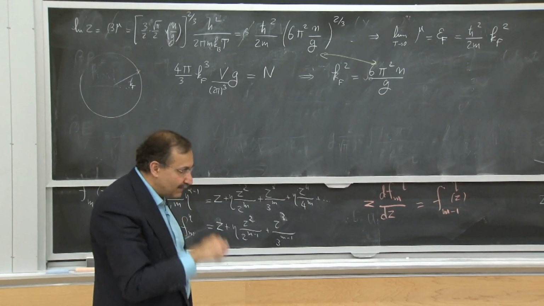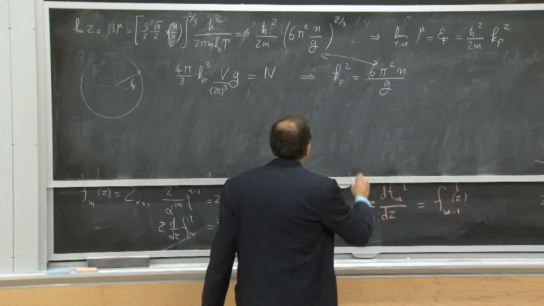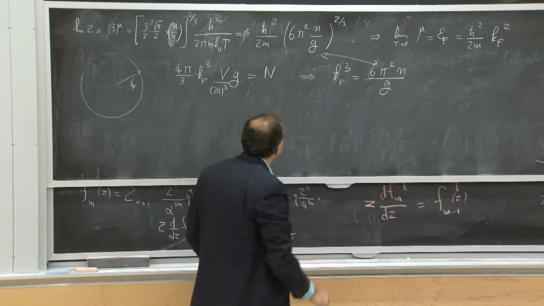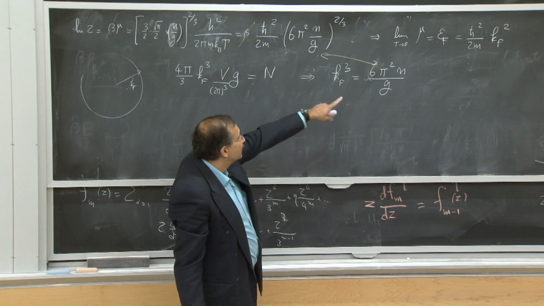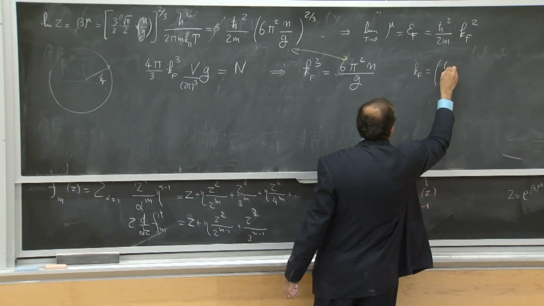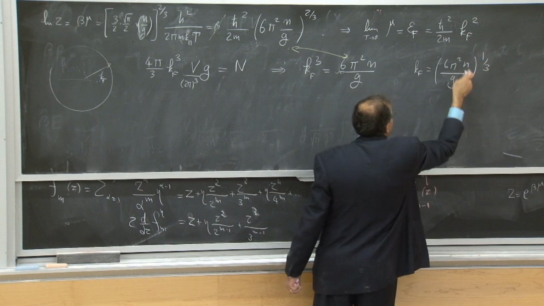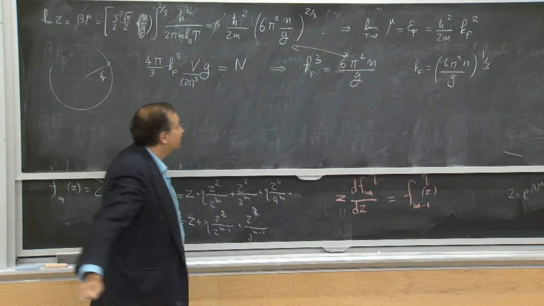Yes, k F cubed. Yes, that's right. So kF is 1/3 of that. Let's go step by step. It is 6 pi squared n over g to the 1/3. kF squared would be the 2/3 power, which is what you have.